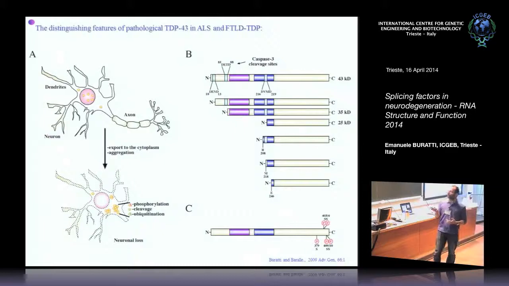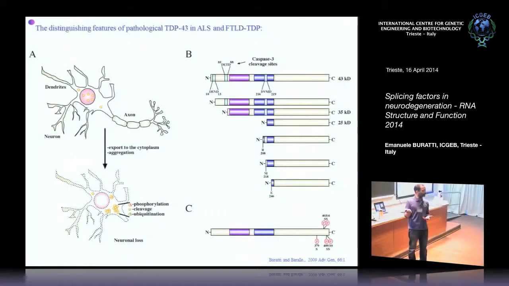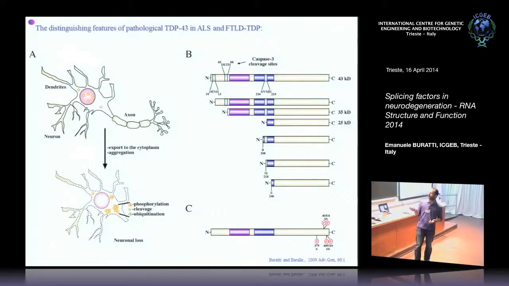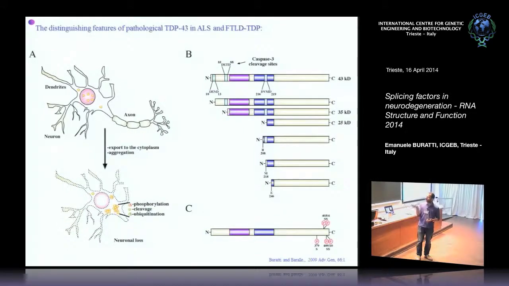Now that we know the name, we can start to understand what is going on. Being a splicing factor, Tdp-43 normally likes to stay in the nucleus. This is where it does its major job. During the disease, for reasons that are still not very clear, most of the protein in the nucleus is translocated to the cytoplasm, and in the cytoplasm it forms aggregates that are cleaved to generate several proteolytic fragments, which are toxic to the cell, and it is also aberrantly ubiquitinated and aberrantly phosphorylated.